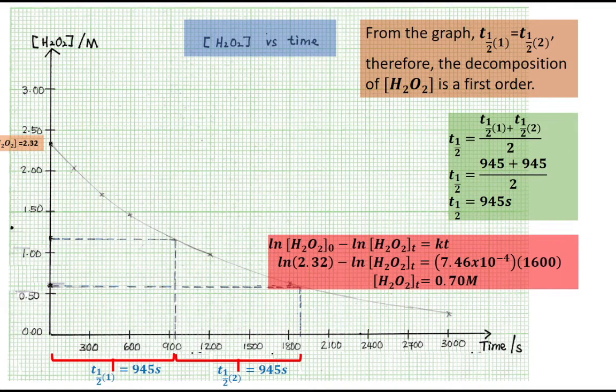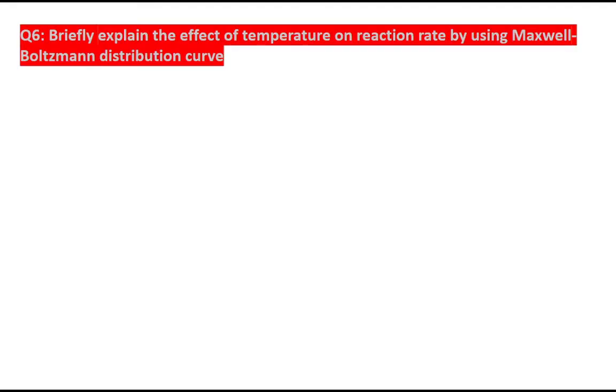Since we know the order of the reaction is first order with respect to hydrogen peroxide, the integrated rate law is ln of initial concentration of hydrogen peroxide minus ln of concentration at time t equals kt. The value of the concentration of hydrogen peroxide at time t equals 0.70 molar.